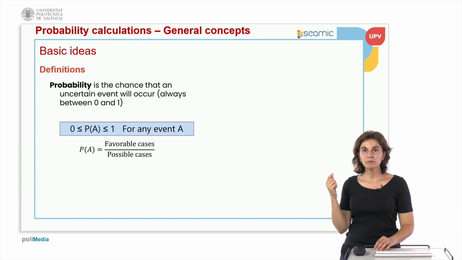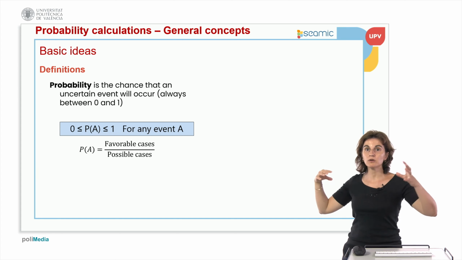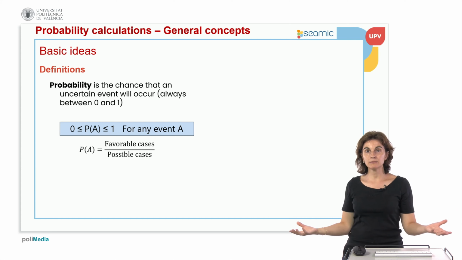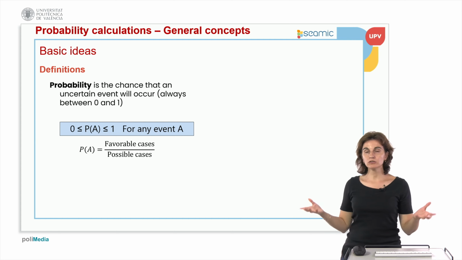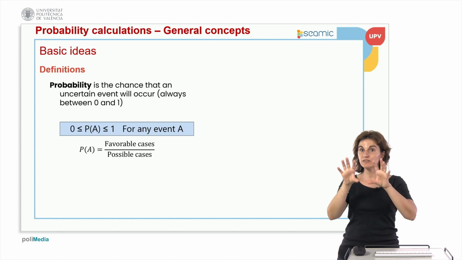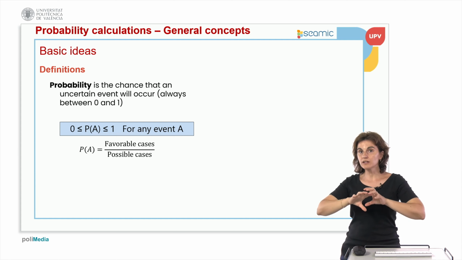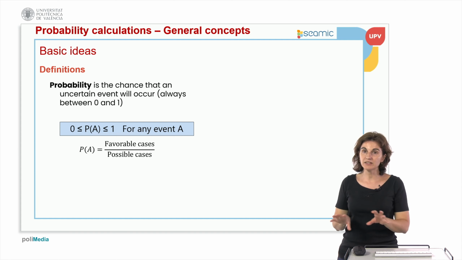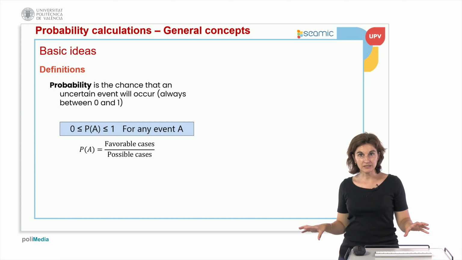So this probability of A is defined as the ratio of all possible favorable cases. That means all situations, all conditions where the cases accomplish the condition that's defined for the event, over the total number of cases that are defined for the sample space.